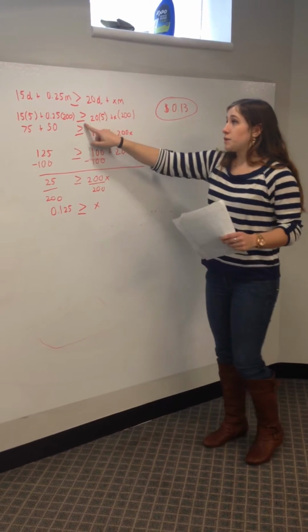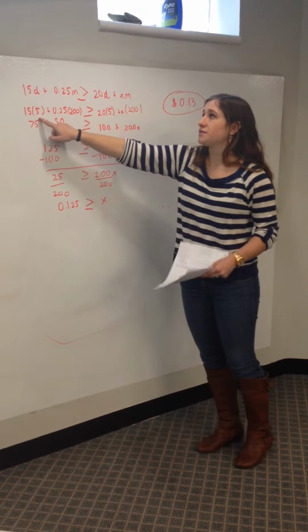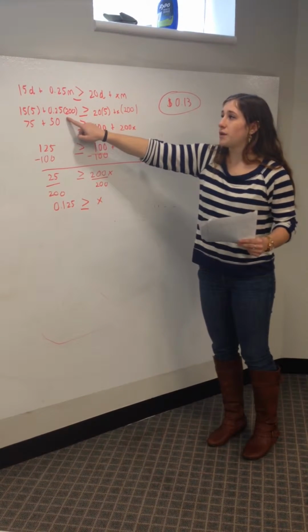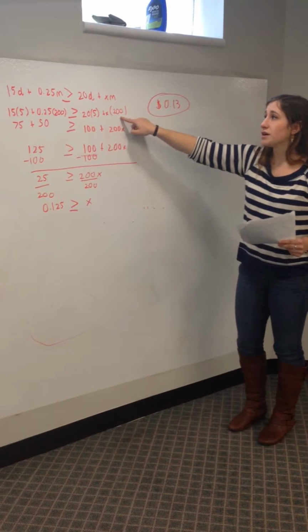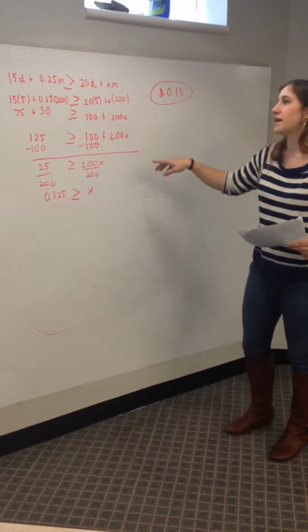So just pretend this is an equal sign. I plugged in 5 days for D here and 5 days for D here, and I plugged in 200 miles here and 200 miles here. That gives everything except for x, because we're still trying to figure that out.